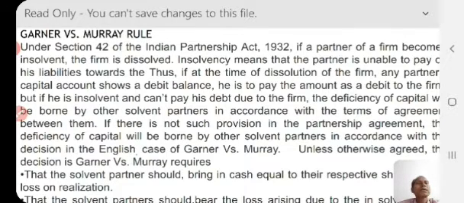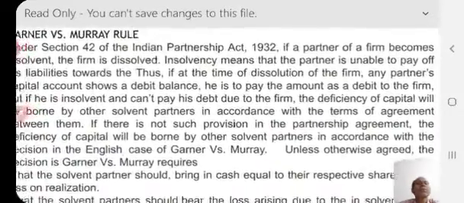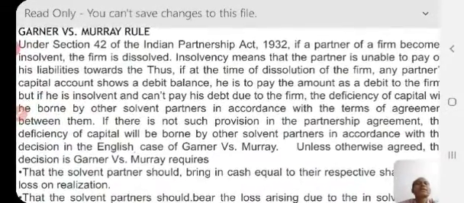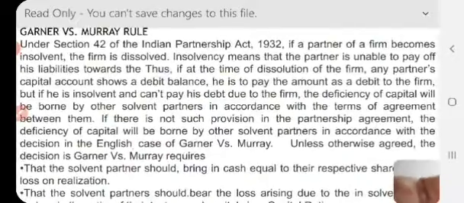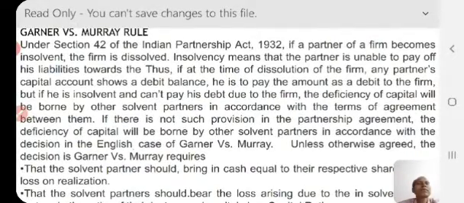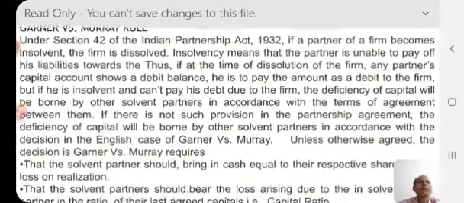Insolvency means that the partner is unable to pay off his liabilities. Thus, if at the time of dissolution of the firm any partner's capital account shows a debit balance, he is to pay the amount as a debit to the firm.